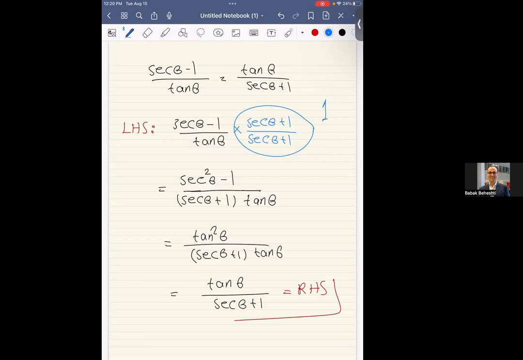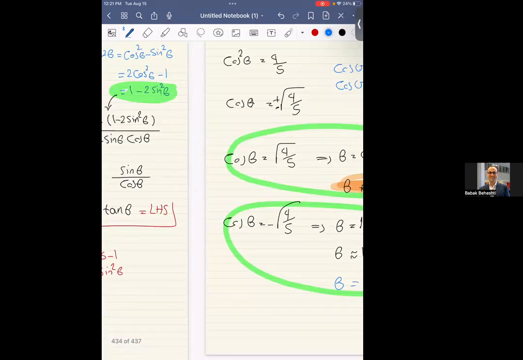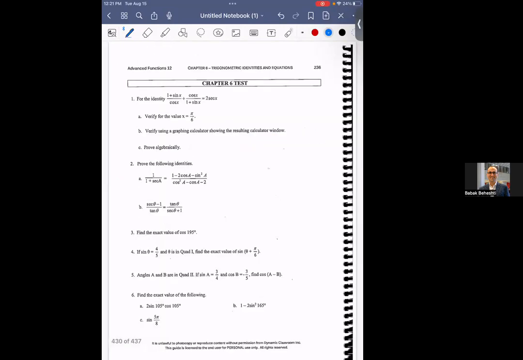Okay, so I want you to finish your assignment. And as I said, once you finish your assignment, it would be good to work on these test questions on your own. And then we can have the trigonometry test.